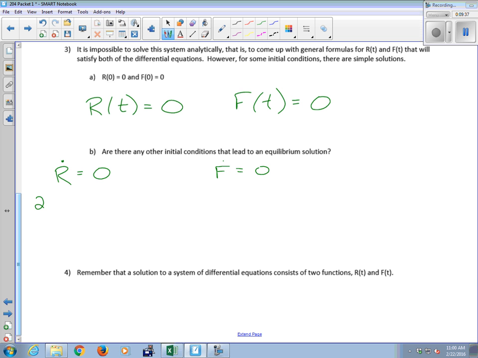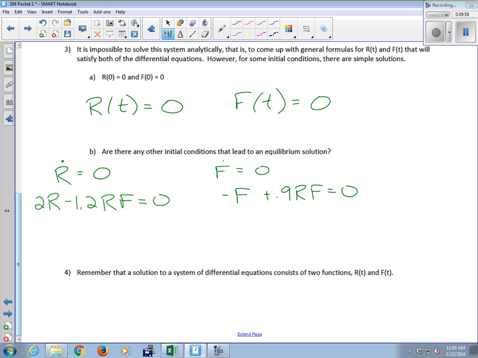So we have 2r minus 1.2 rf set equal to 0, and negative f plus 0.9 rf set equal to 0. Two equations, two unknowns, R and f.